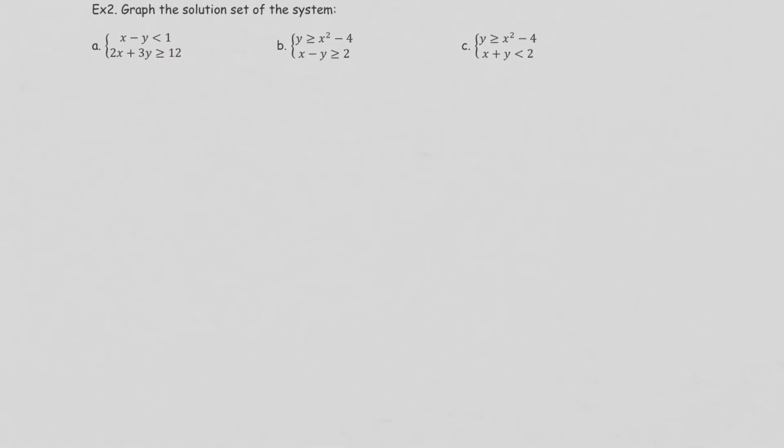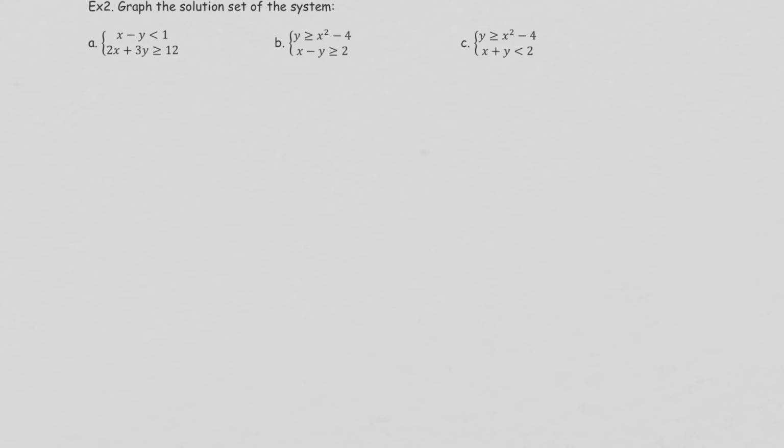Okay, so let's see. In order to do that, I wanted to write everything in slope-intercept form, which means solving for y. So first, I get -x plus 1, divide by -1, y will be now greater than positive x minus 1. Right?